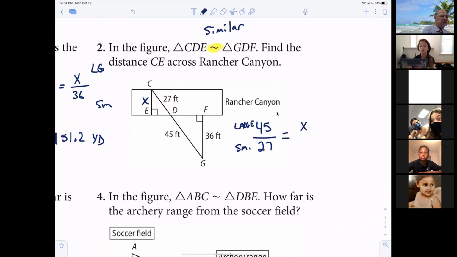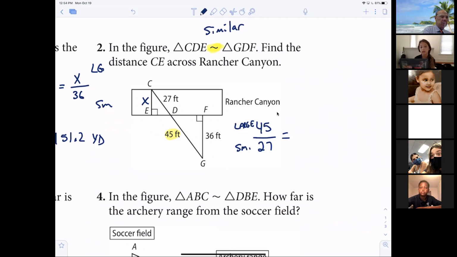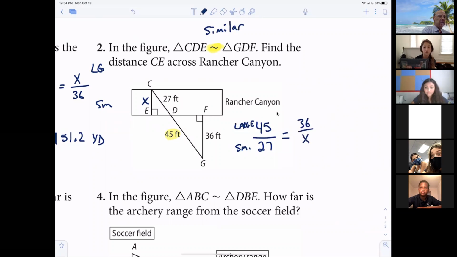So is it 36 over X or X over 36? 36 over X because 36 is not on the large side. Ah, exactly.